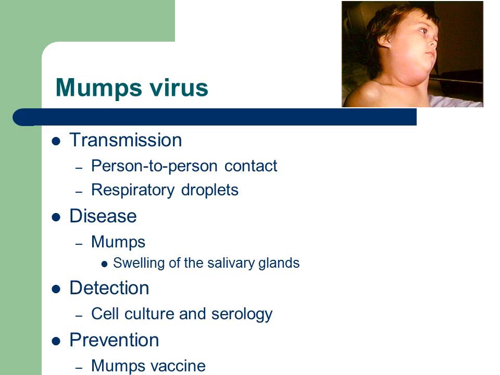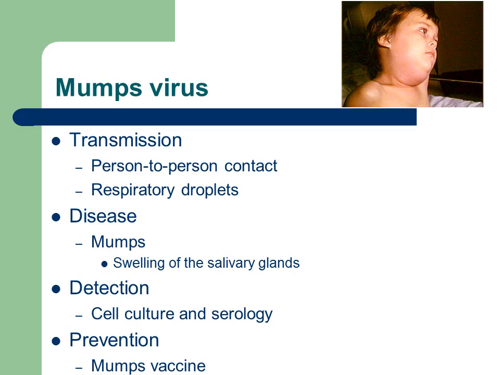Mumps virus is transmitted person to person in respiratory droplets, and it causes the disease mumps. Mumps is an inflammation of the salivary glands. So what happens is the neck of an infected individual gets very, very swollen.